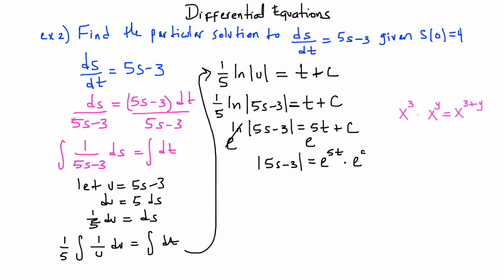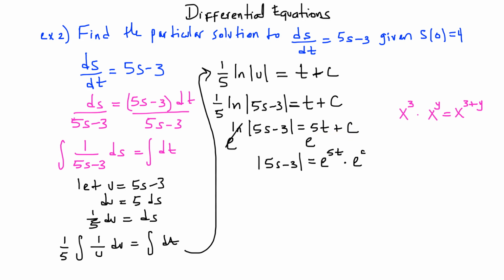So all I'm saying is, if you have a sum of powers, like here, 3 plus y, then that sum of powers is the same as a product of the same base with the individual powers. And that's what I'm doing here. A sum of two powers is the same as the product of the same base raised to the individual powers. Okay? And if you remember your Algebra 2 skills, you'll see that this is the same as that.